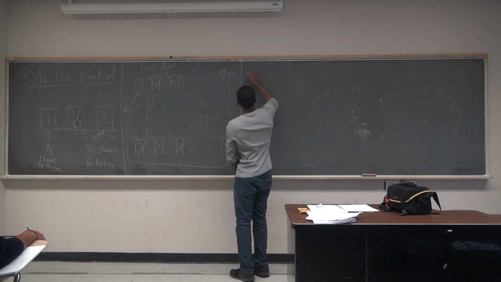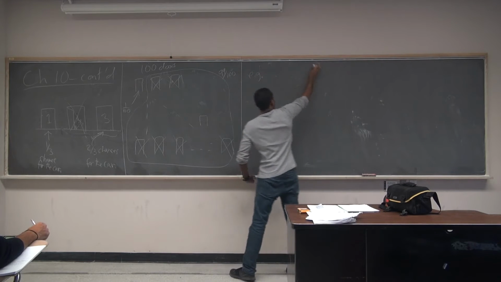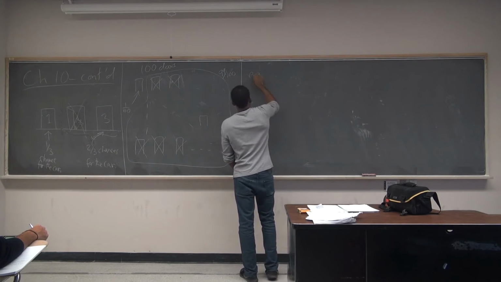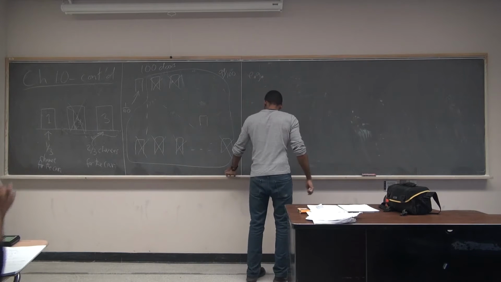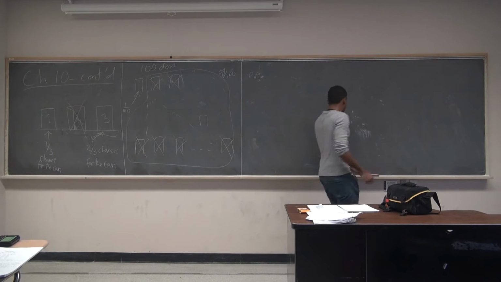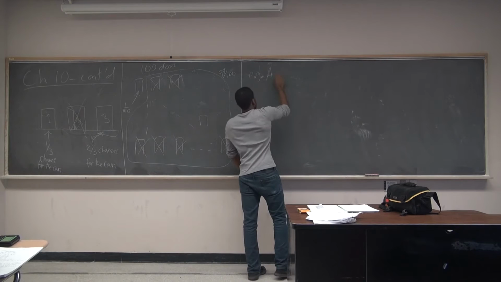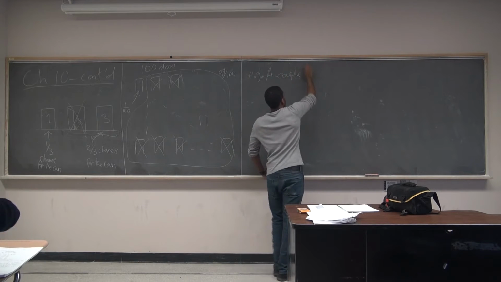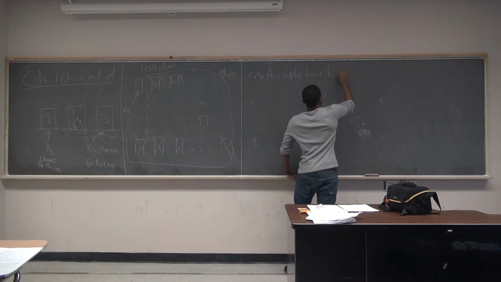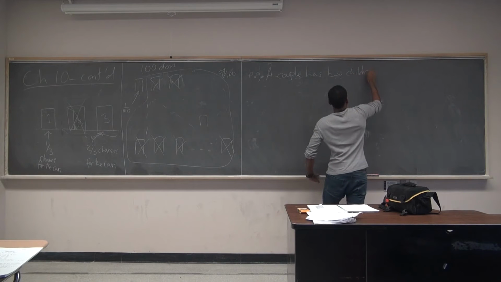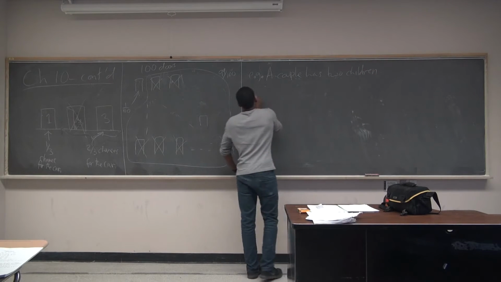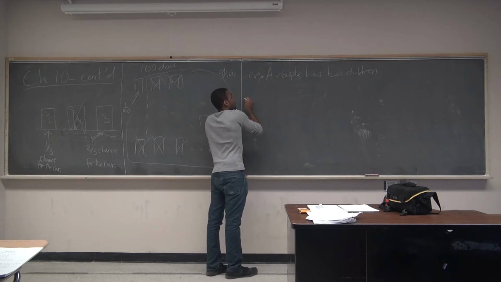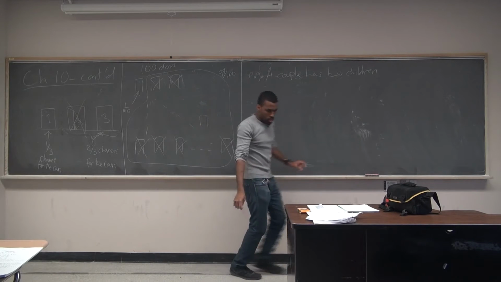Are you going to go over the Trojan example? Sure. So, Freud, yes, we have to go back to Freud. The next example was, a couple has 2 children. What did I ask?